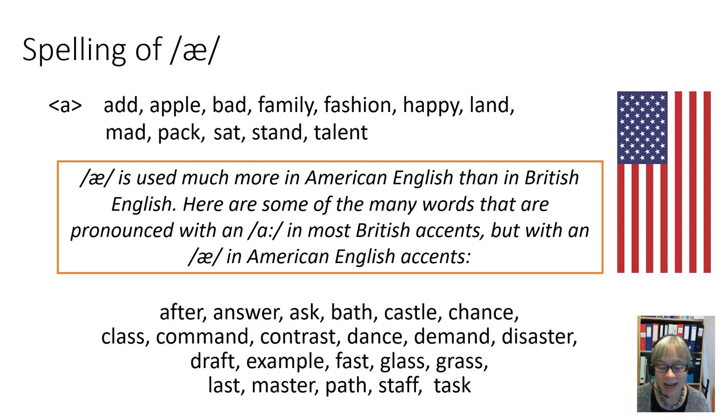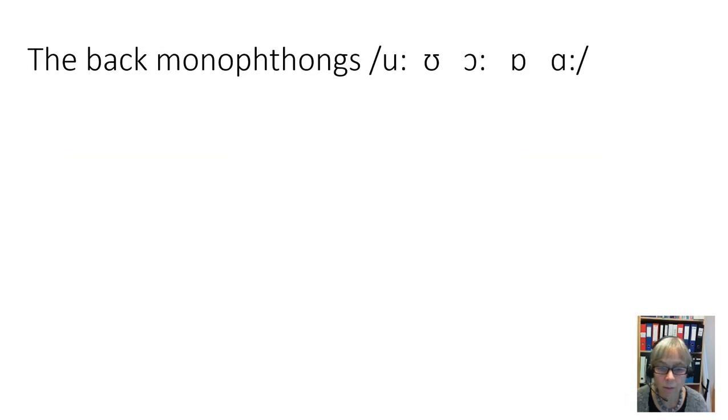After, answer, ask, bath, castle, chance, class, command, contrast, dance, demand, disaster, draft, example, fast, glass, grass, last, master, and so on. All of these would be pronounced with an ah in most British-like accents.